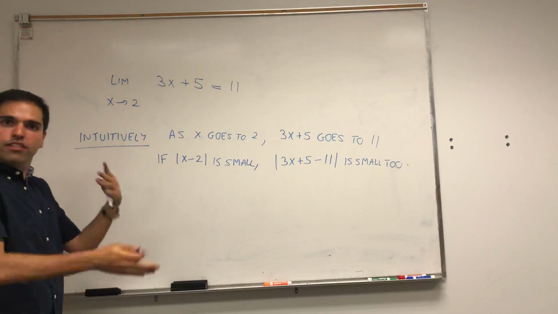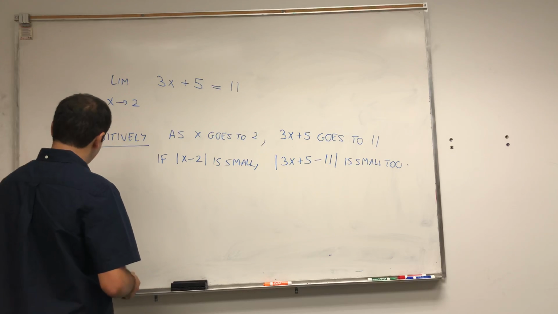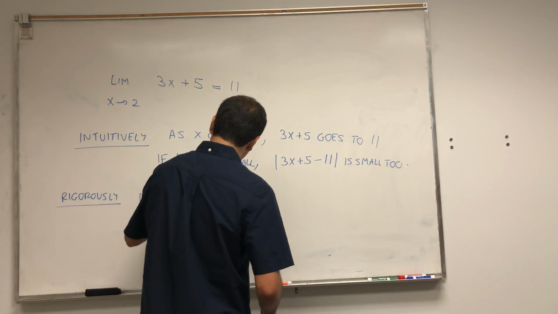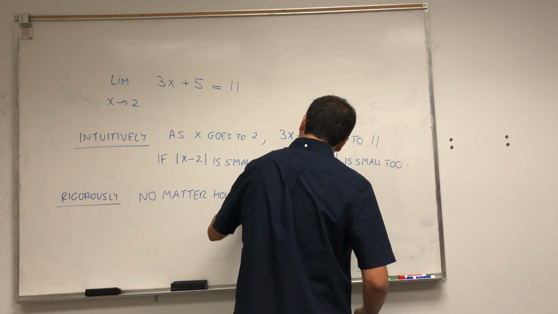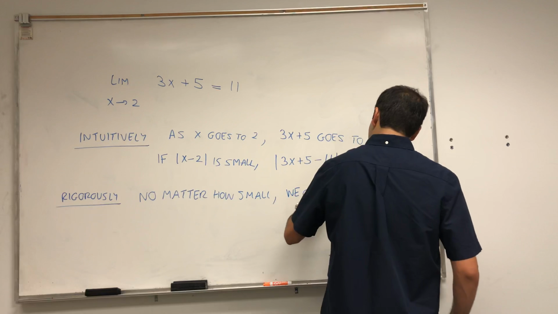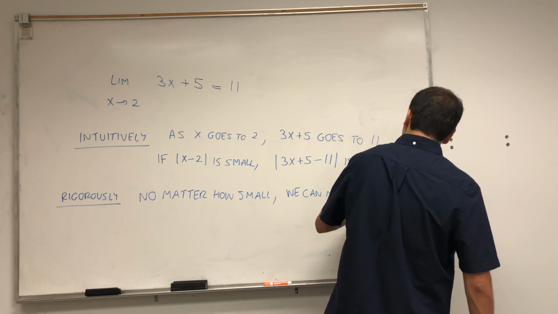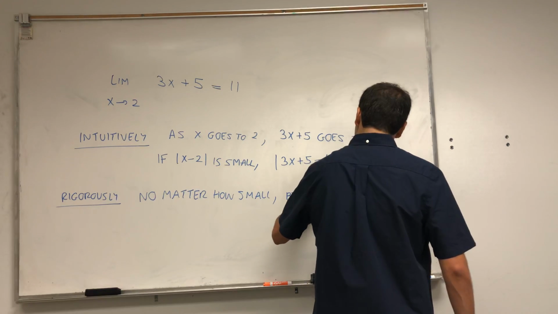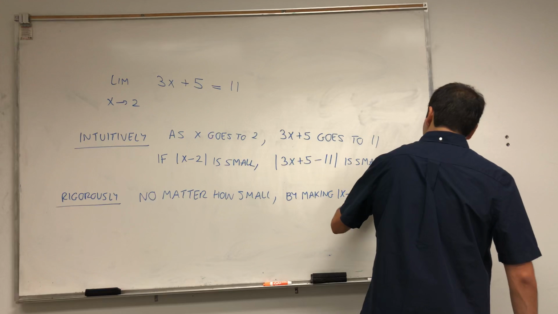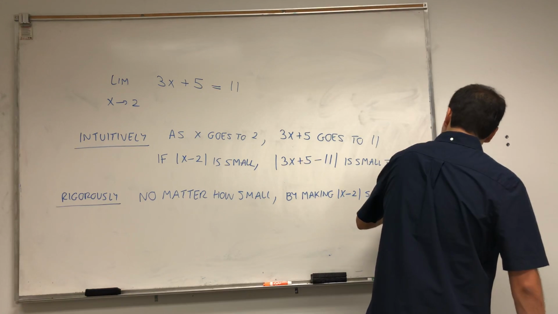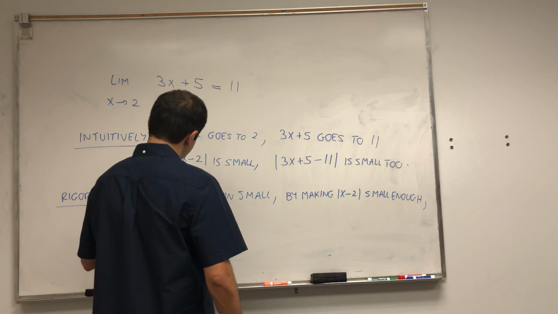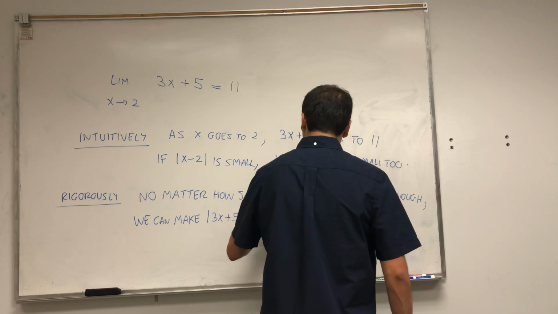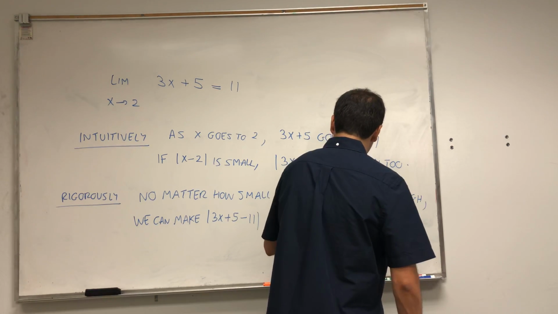To do this, let me give you an equivalent formulation. So rigorously, no matter how small, we can make the absolute value of 3x plus 5 minus 11 as small as we like by making the absolute value of x minus 2 small enough.